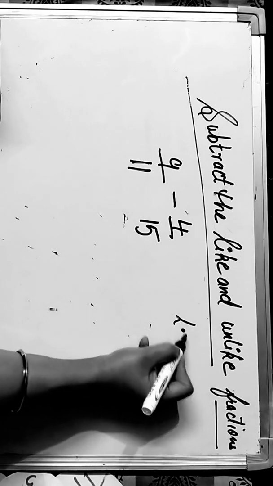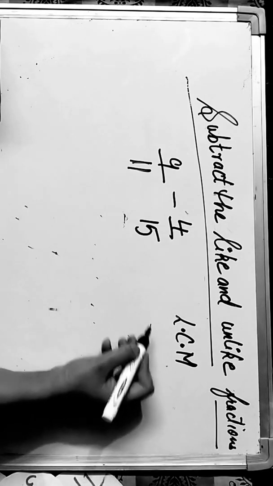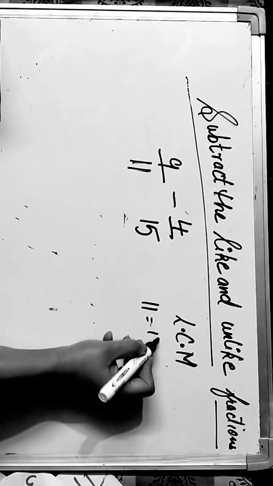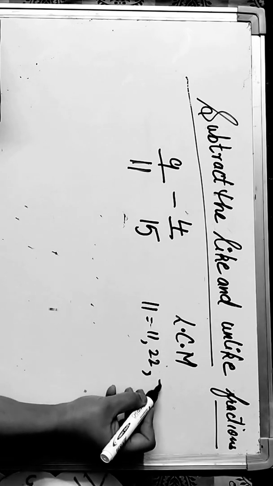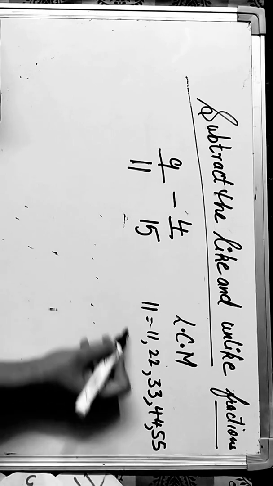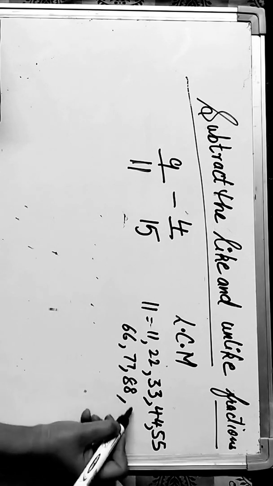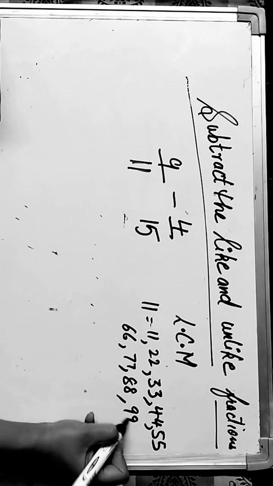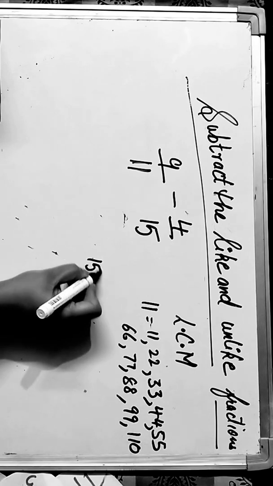Here the LCM will be, chalo, we'll find out the LCM. Multiples of 11: 11, 22, 33, 44, 55, 66, 77, 88, 99 and then 110. Let's see whether this will solve our purpose or not.